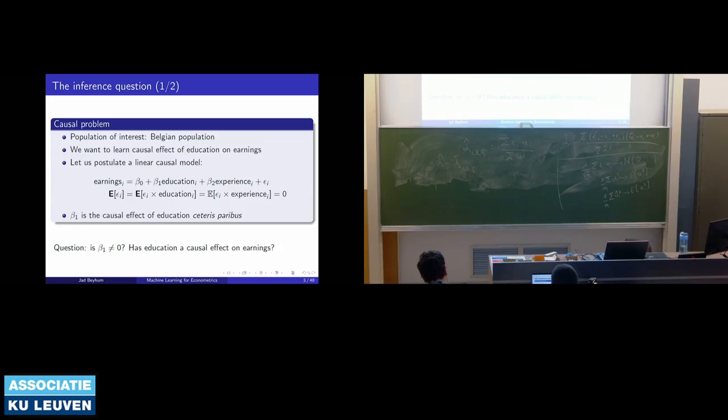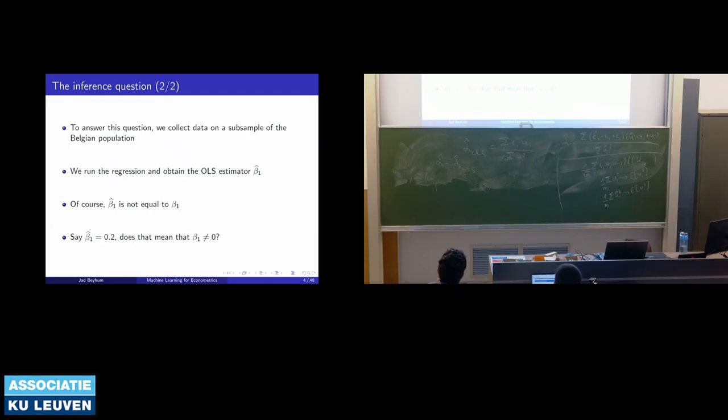Now, in practice, I don't observe the full Belgian population. I observe, say, a sample of 1,000 Belgians, and I run OLS on this sample, and I get an estimator of beta 1. And the question is, can I confidently conclude from this estimator that beta 1 is different from 0? So that's the example you have here. For instance, if I get beta 1 hat equal to 0.2, it's very hard to know if that means the true beta 1 is different from 0 or not.